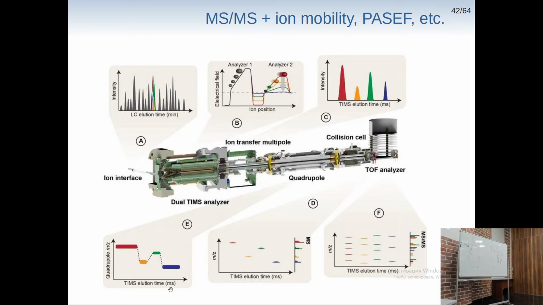I think I will skip all those technological details, except for one thing, which also differs these newer Bruker machines from others. They were able to add an ion trap here. It's, as you can see, a quadrupole TOF analyzer. We've already discussed it.